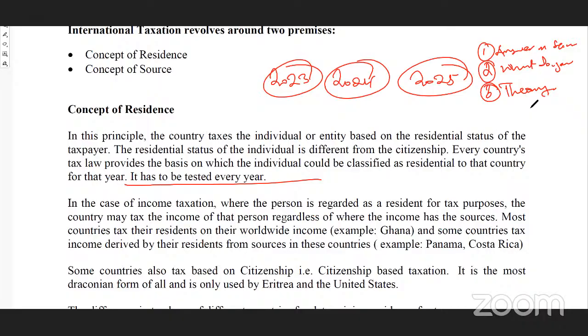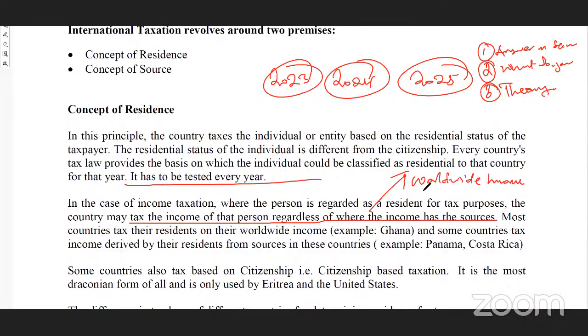So I told you residence is tested every single year. And that is the rule. So in the case of income tax, where the person is regarded as a resident for tax purposes, the country may tax the income of that person regardless of where the income has its source. So this connotes what? Worldwide income. And this thing you really have to understand.